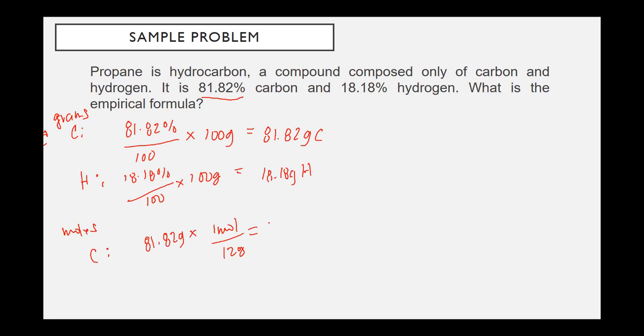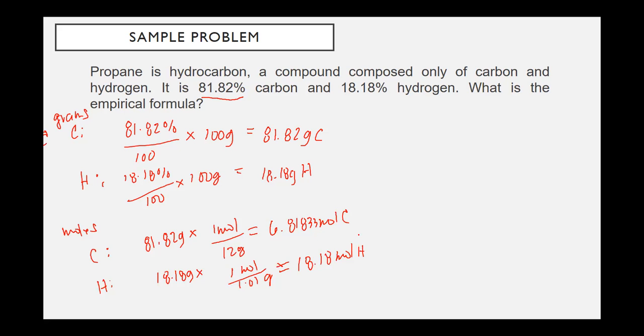So we'll get 6.8183 mole C. H, 18.18 grams divided by the molecular weight of the hydrogen is equal to 18.18 mole.